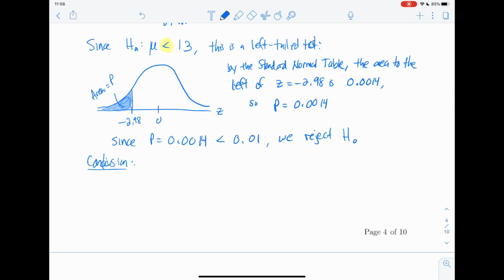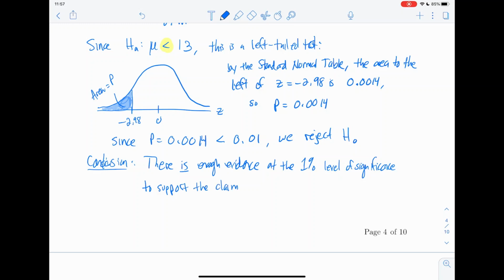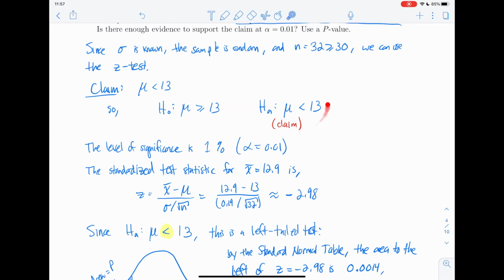Since we rejected H naught, the conclusion would be something like, we found that there is enough evidence, not just enough evidence in general, but in particular at the 1% level of significance to support the claim, because remember, if we rejected H naught, our claim was the alternate hypothesis.